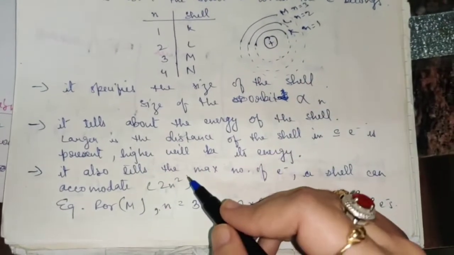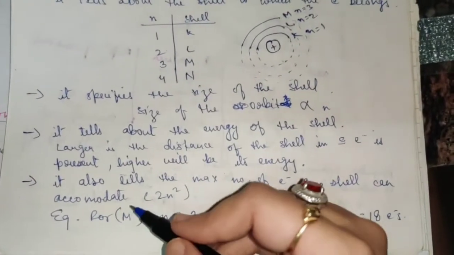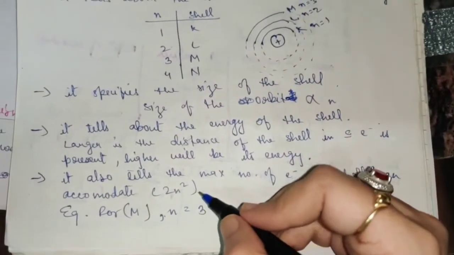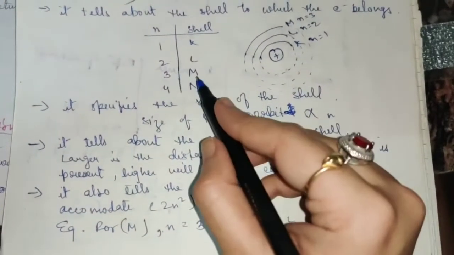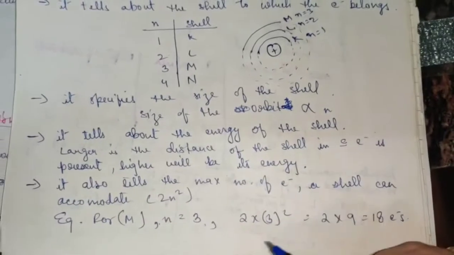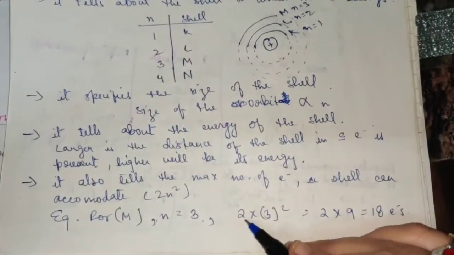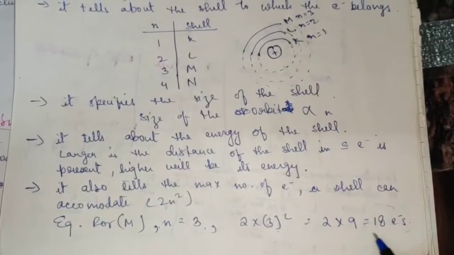It also tells about the maximum number of electrons a shell can accommodate, which is given by 2n². For example, if you are talking about the M shell, M means you are in the third shell. In the third shell, the value of n is 3. So the total number of electrons will be 2 into 3 squared, which is equal to 18 electrons.